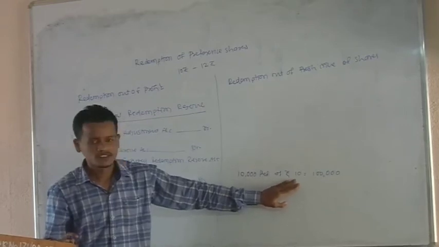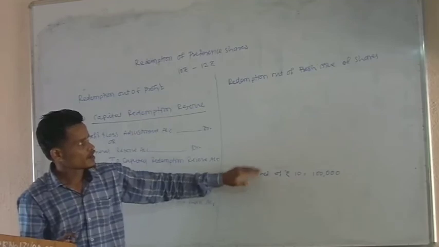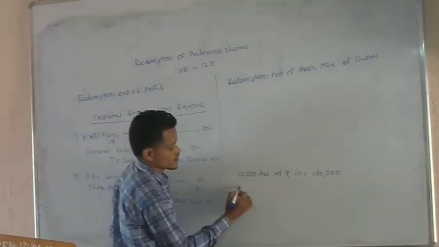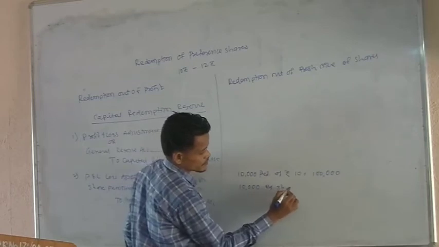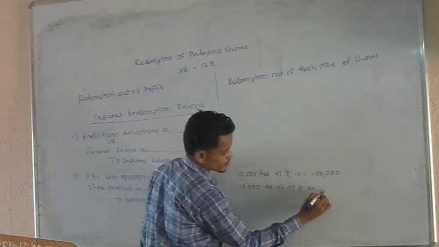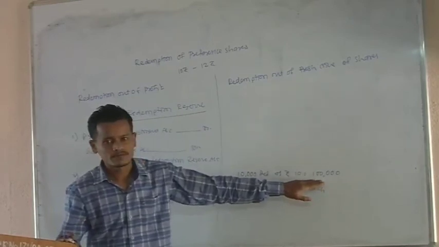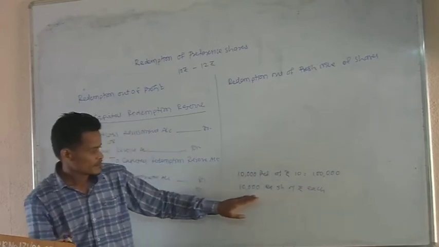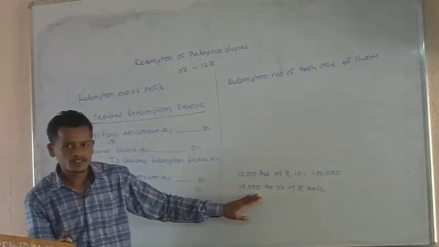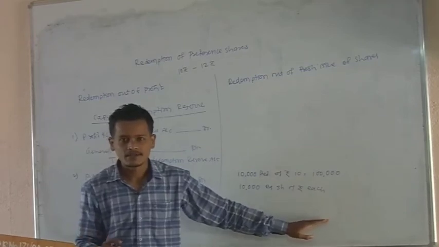And if the organization is going to redeem these shares, the company is issuing 10,000 equity shares of rupees 10 each, but it is not getting the 1 lakh amount, and there is a possibility that there is an increase in the quantity of shares but not in the amount, which means there is a reduction in share capital.